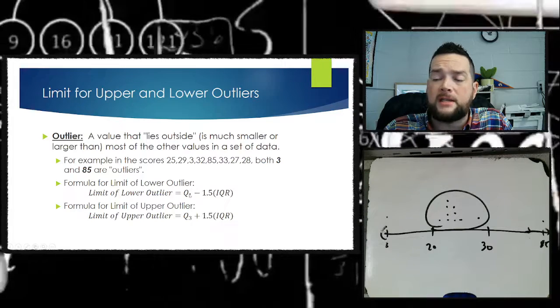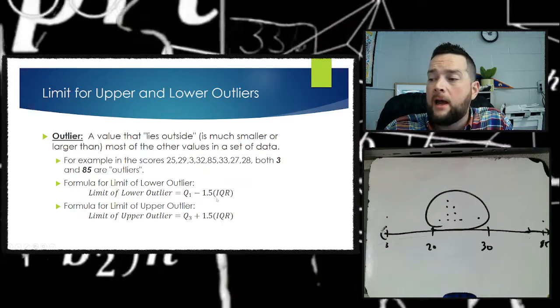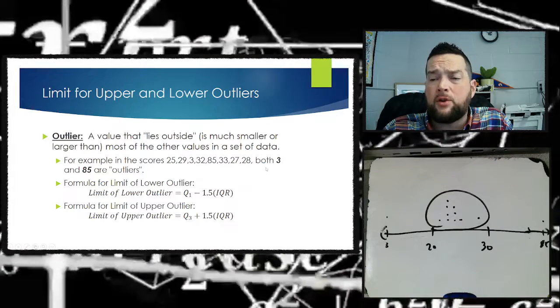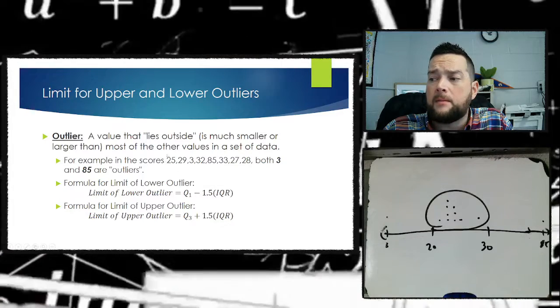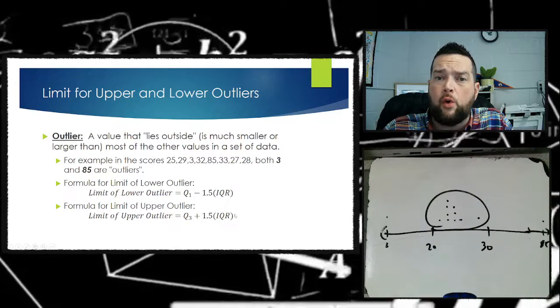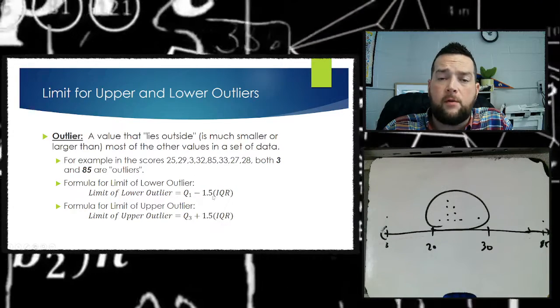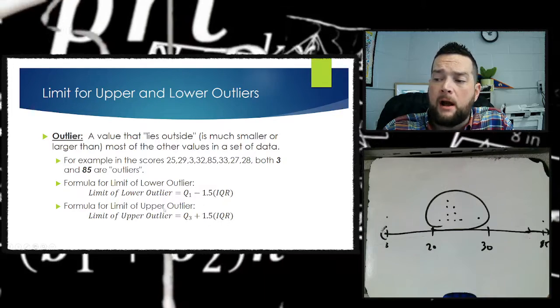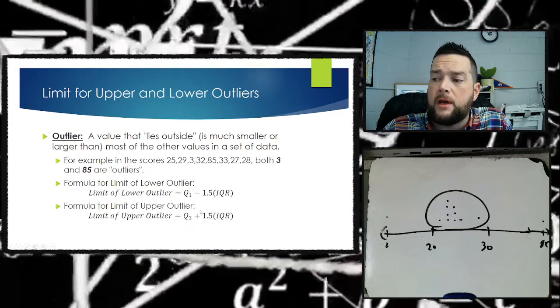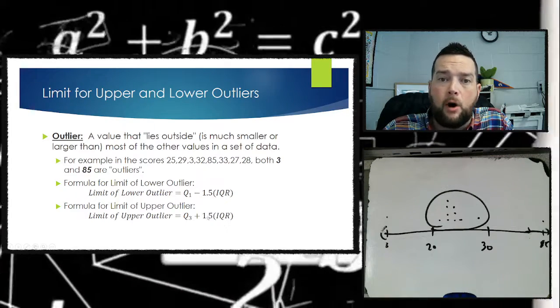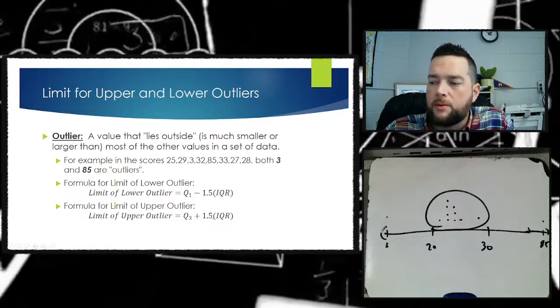Q1 stands for quartile 1, and IQR stands for interquartile range, which means we're going to have to do some work with this set of numbers to find our Q1 and our IQR, because we need those numbers for this formula. The limit of the upper outlier is really similar: it's Q3 plus 1.5 times IQR. Instead of subtracting, you're going to add once you multiply those.